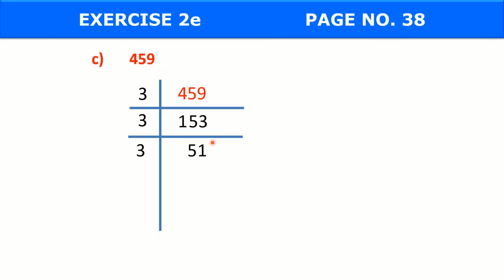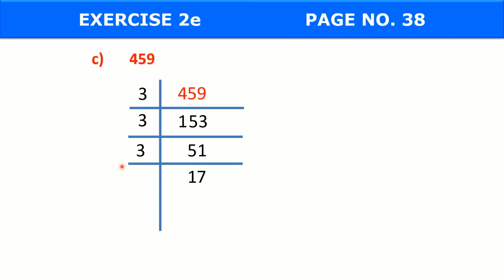Again we need to think about the prime number that will divide 51 completely. You see that 5 plus 1 is 6 and 6 is divisible by 3. So we will divide this by 3. Again consider the first digit and divide it by 3. 3 times 1 is 3. 2 remainder. 2 with this 1 becomes 21. 3 times 7 is 21.